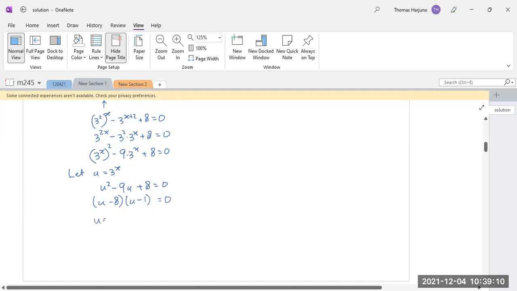So u equals 8 or u equals 1. 3 to the x equals 8, 3 to the x equals 1. So x is log base 3 of 8, or x equals 0, right? This is 3 to the 0. Okay.